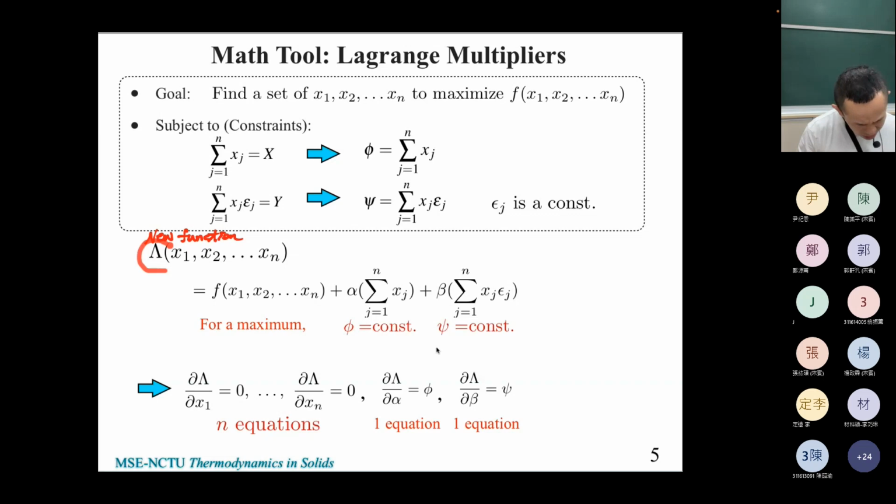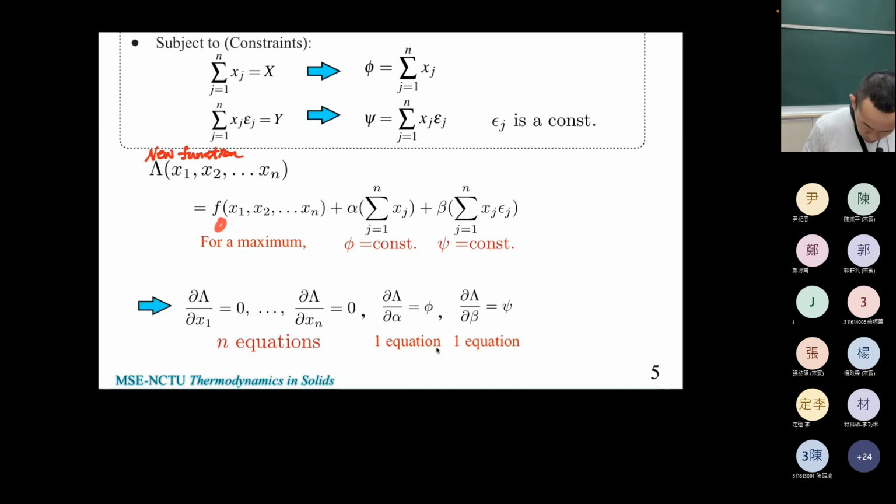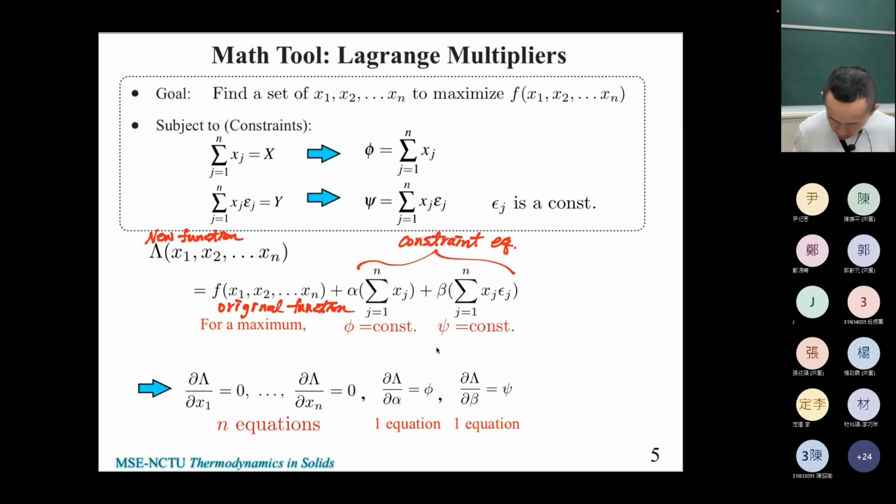The new function, I guess, is gamma of x1, x2, xn, which is the original function plus the constraint equations.